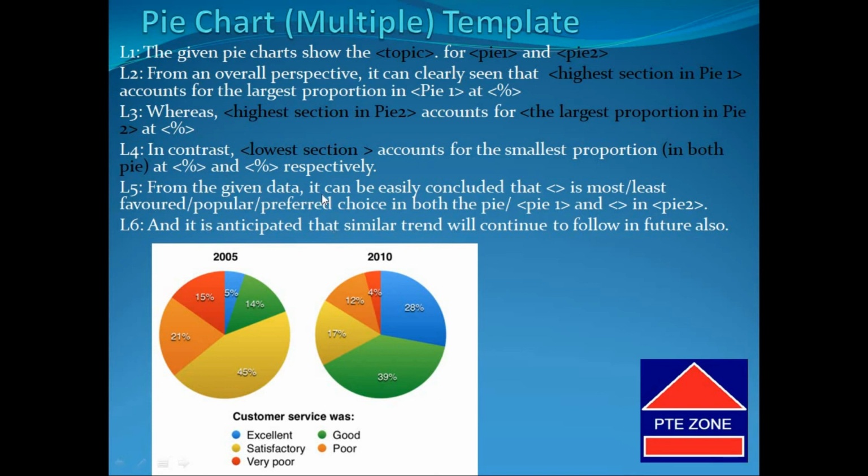You can use most favored or most popular or preferred, so based on the type of question you can choose this word. And the last line is always the same everywhere. You can use this line if you have completed this and you still have time, so you can add this line.